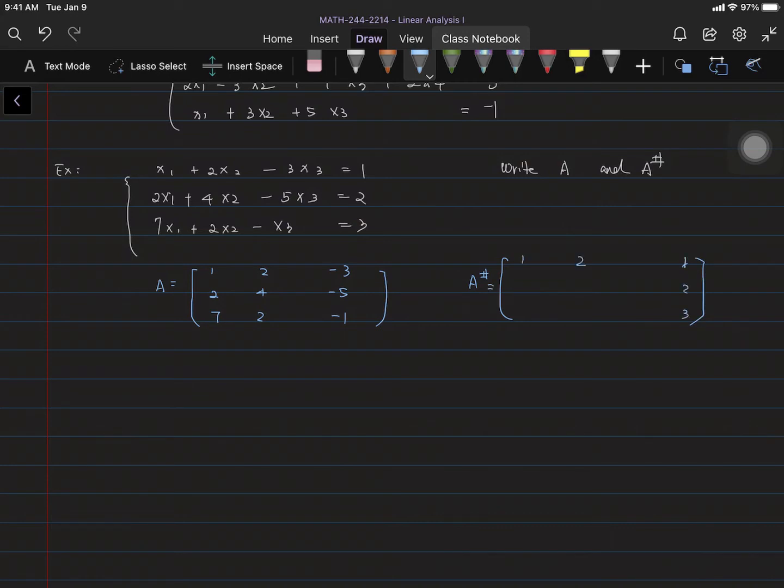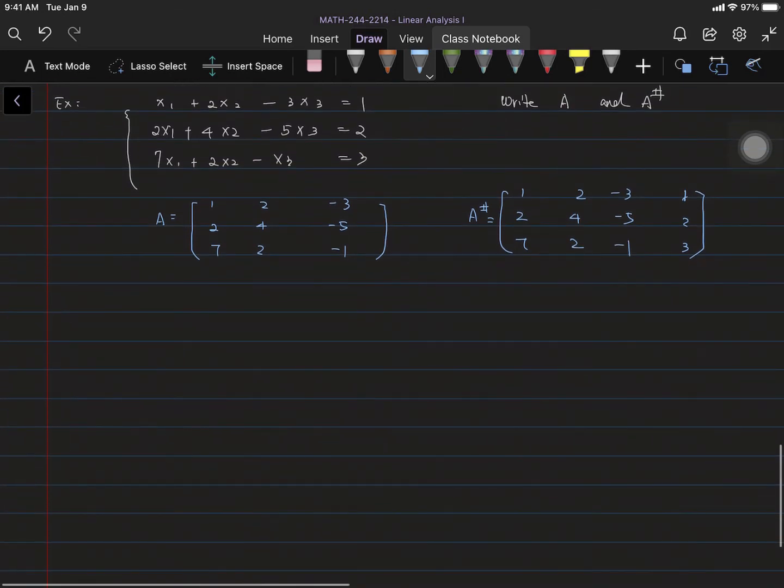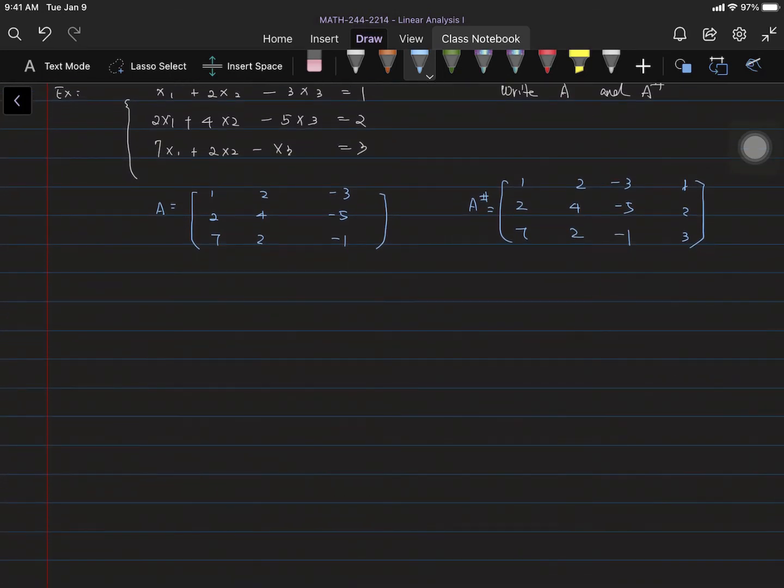So let's just write down the whole thing. Okay, just like this. Next, let's take a look at the linear system. We are going to write the linear system in another way.